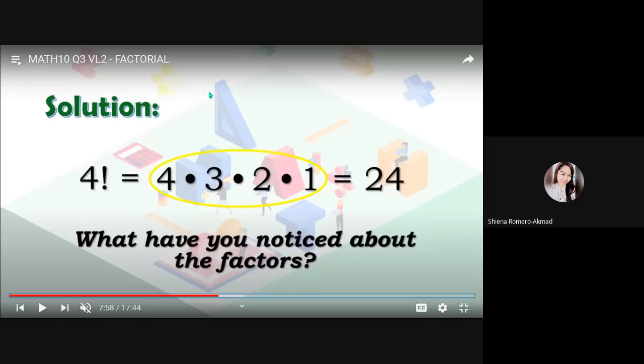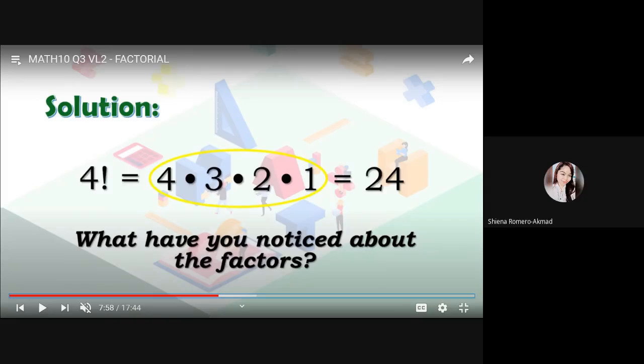It is decreasing. Ano pa? Bukod sa decreasing. Descending. Descending. Decreasing. Ano pa? Kasunod.